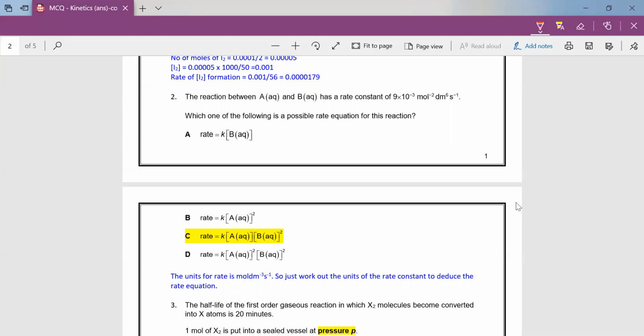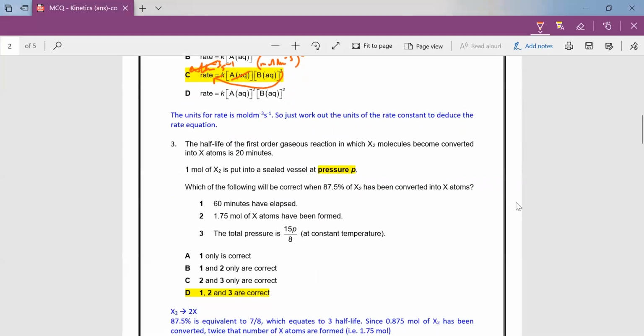All right, so basically the rate, right, is actually mole per dm cube per second. All right, so this can cancel out one of the concentration. You just bring this mole per dm cube square, you bring it over to the left hand side, and you will be able to get this units. All right.